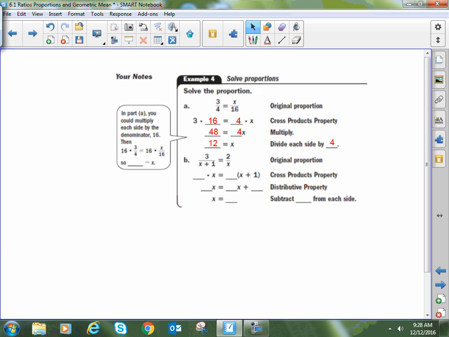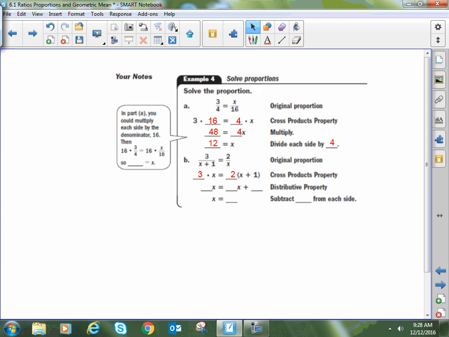Now example B is going to look a little bit different than what you might be used to seeing. Here we're saying 3 over x plus 1 is equal to 2 over x. Well, it's still a proportion. We're still saying that the ratio on the left is equal to the ratio on the right, and we're still going to cross multiply. So I'm going to say 3 times x on the left and 2 times the expression x plus 1.